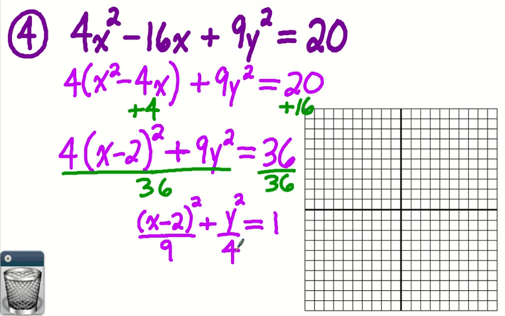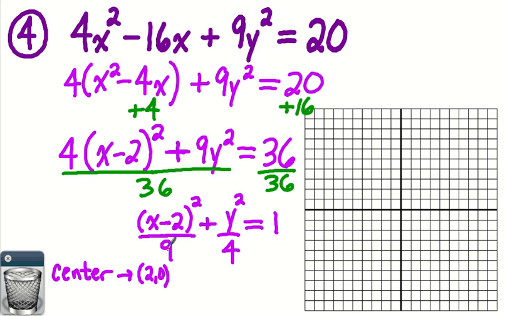Okay? So now it's finally in the standard form I want, where I can now identify that the center is 2, 0. And we keep having this horizontal larger axis. So it looks like my major radius is going to be my x radius again.